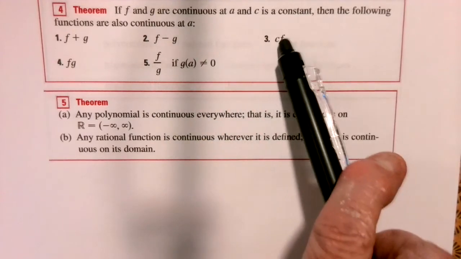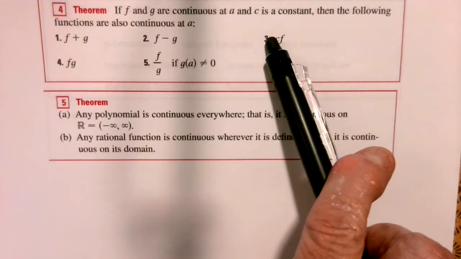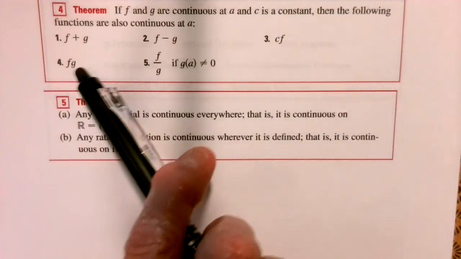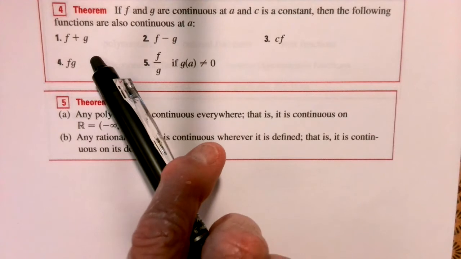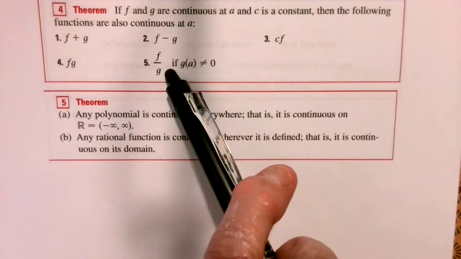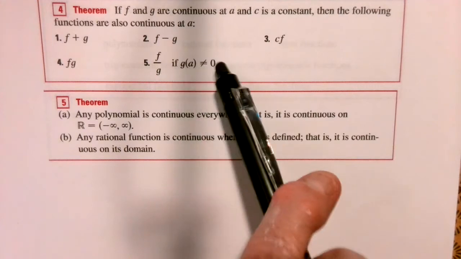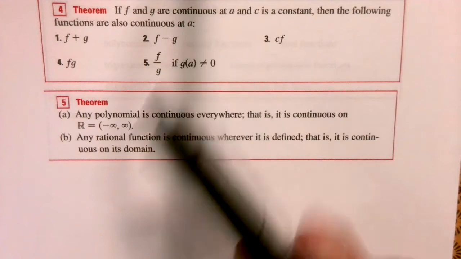Multiplying a constant times f would be continuous at a. Also multiplying a constant times g would be continuous at a. Multiplying the two functions together, that new function would be continuous at a. And then f divided by g would be continuous at a, as long as the denominator is not 0, so as long as g of a doesn't equal 0.